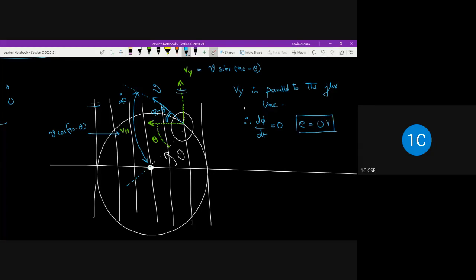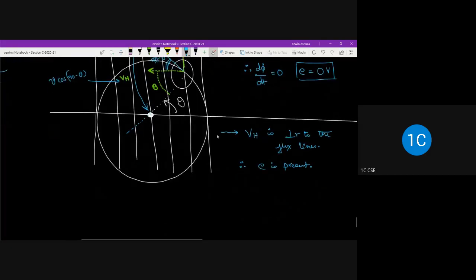So the vertical component doesn't take part in EMF induction, because the orientation is parallel to the flux lines. On the other hand, the horizontal component is perpendicular to the flux lines. When the orientation is perpendicular to the flux lines, there will be induction of EMF. Therefore, E is present. That is, induced EMF is present in the conductor.